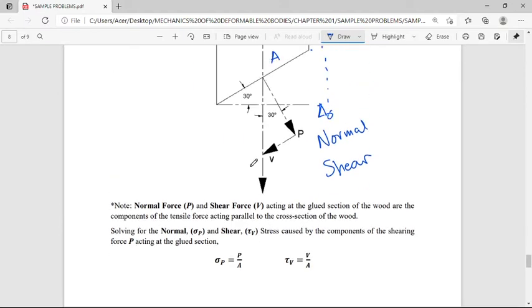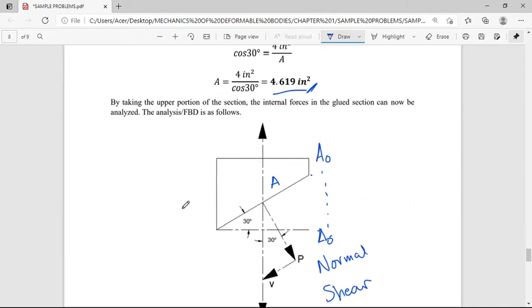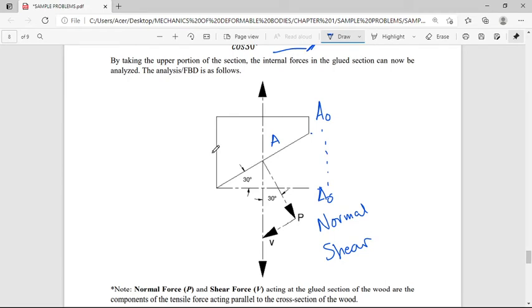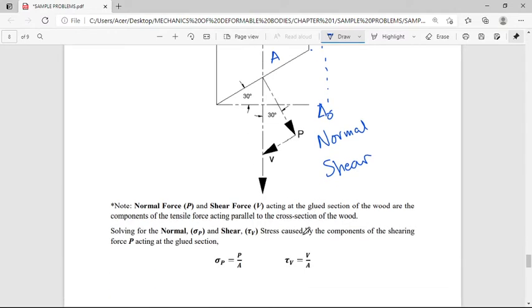Okay, and makikita mo siya pag pinaghiwalay mo yung dalawang portion ng wooden panel na yan. And in this case, or on our problem, we took the upper portion of the wood. Pero kahit naman yung lower portion ng kinuha mo, wala namang problema dun. Okay. Basta susundin mo yung step kung paano mag-construct ng free body diagram sa ganitong problem.